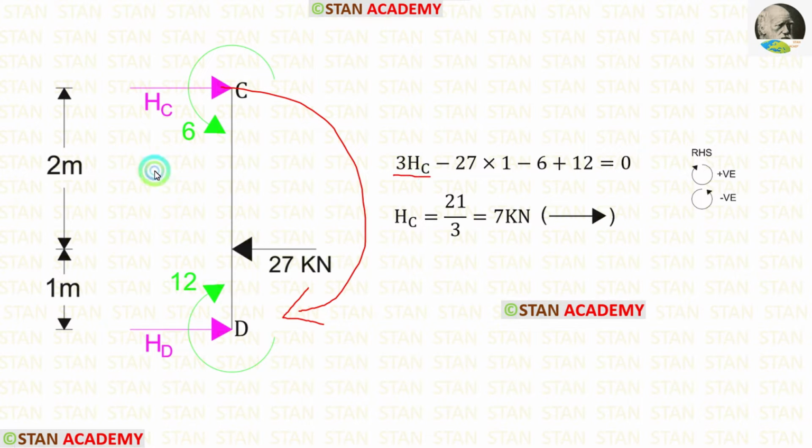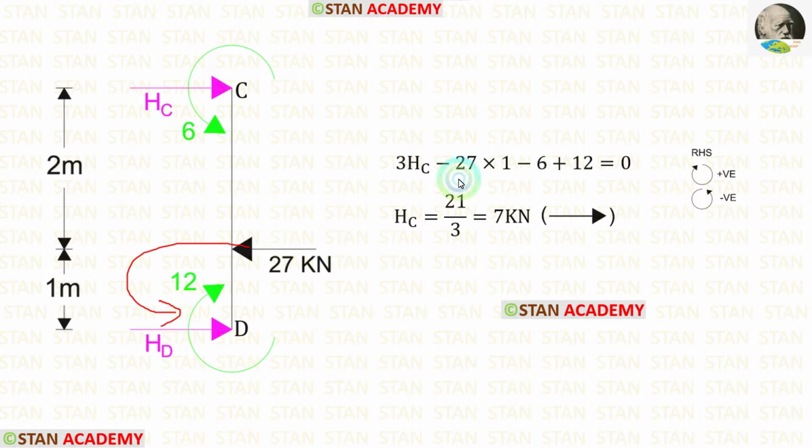So it will be positive and the distance is 3 meter. So 3HC. The point load 27 kN is acting in the anti-clockwise direction. So it will be negative and the distance is 1 meter. So minus 27 into 1.